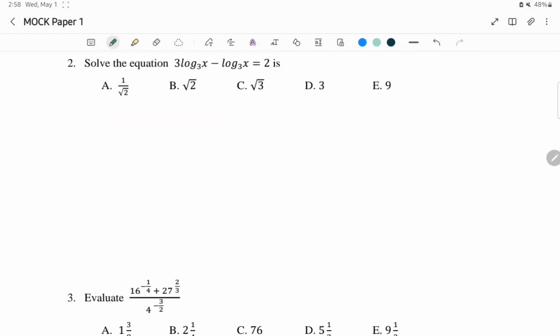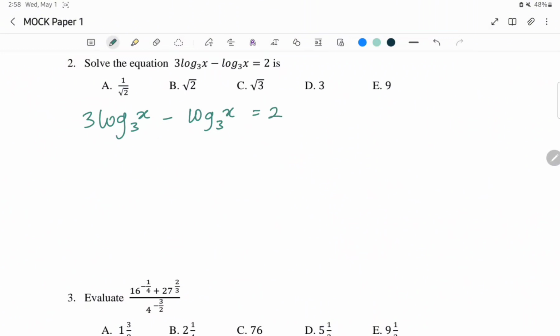For question number 2, we have a logarithmic equation. 3 log x base 3 minus log x base 3 equals 2.